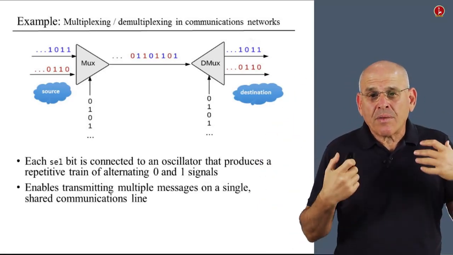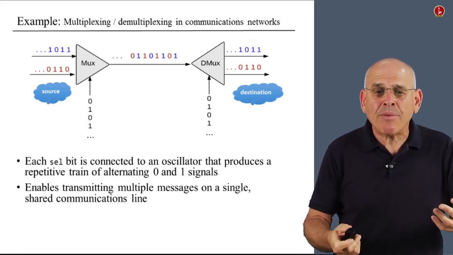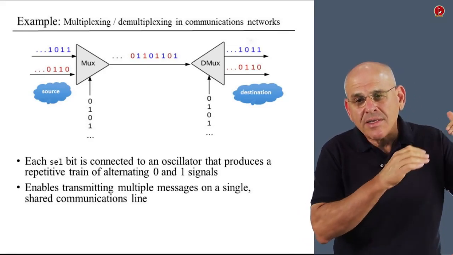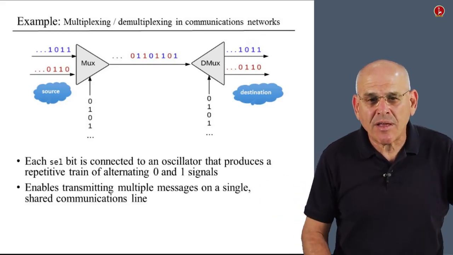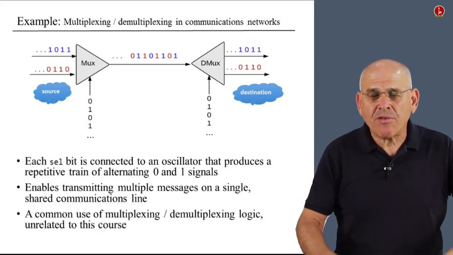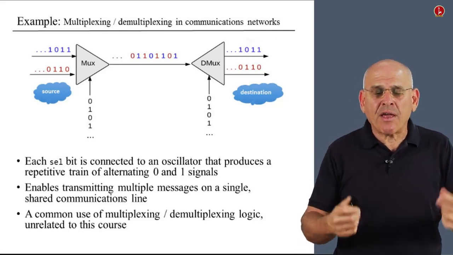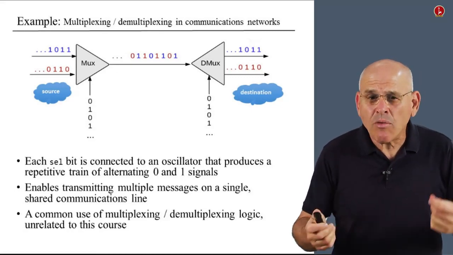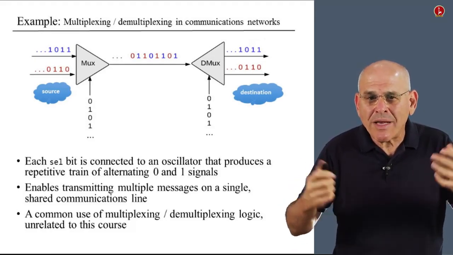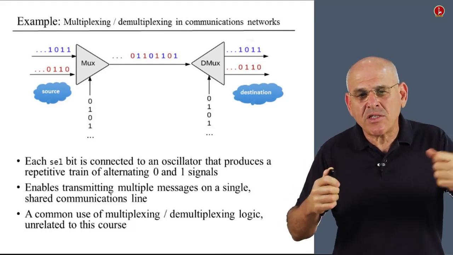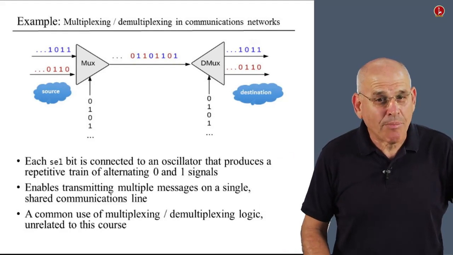So the DMUX and the MUX logic taken together enable me to braid or interleave several messages over a single communications line, which may be very expensive, and therefore it pays off to use it for multiple messages. Another attractive thing about this scheme is that it can be completely asynchronous. They don't have to operate according to a master clock. The encoding and the decoding operations can be done separately.